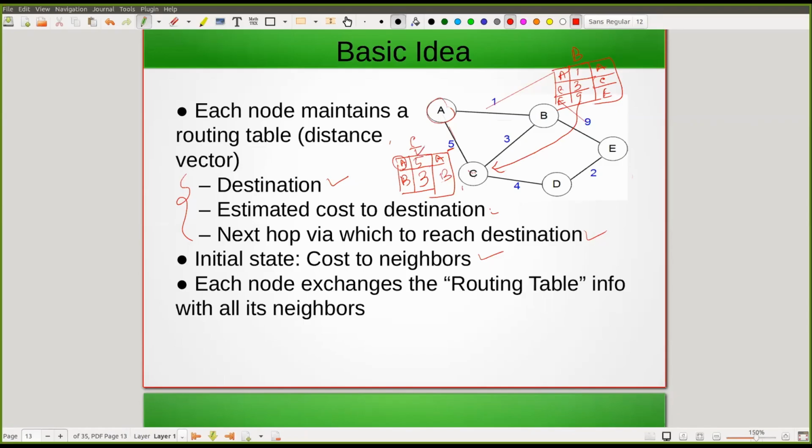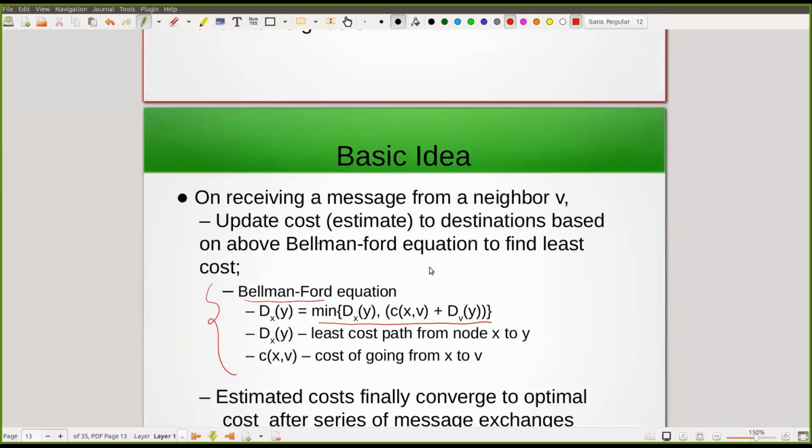Now, whenever it receives this information from B, what it learns is that the cost of going to A is 1 via B. Try to understand this. So the cost of going to A is 1 via B. Now, in this terminology, this is d_x(y), the cost of going from x to y.